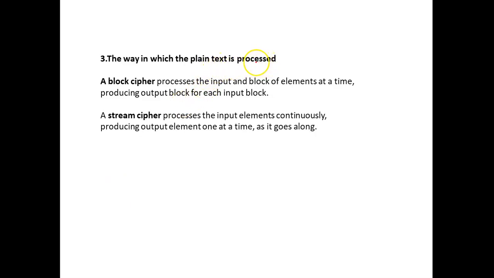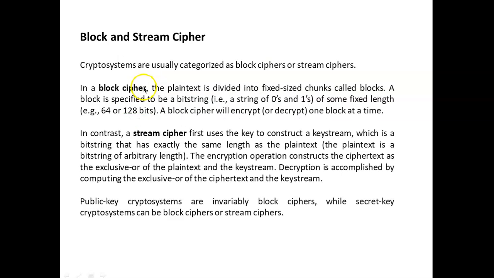Sometimes we take a single element of plain text, which is known as the stream cipher, whereas the other is the block cipher, where we take many elements, called a block, and convert them into the ciphertext at a time.